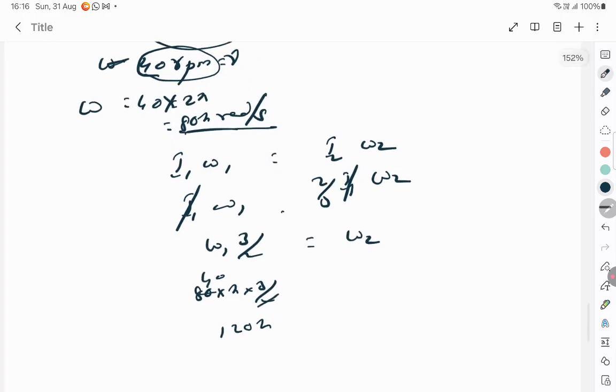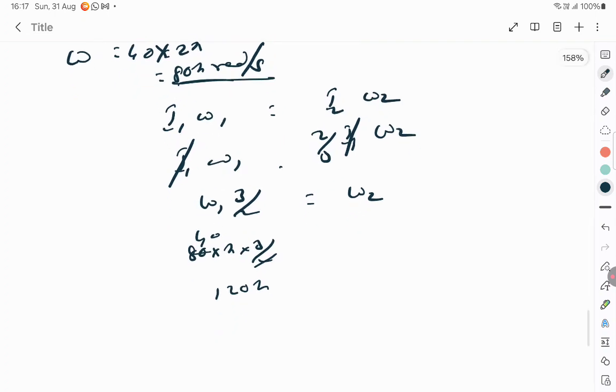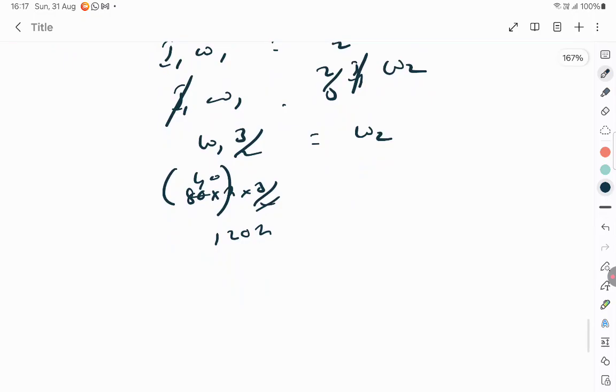Am I making any mistake? Let's see. They've given that it's 2/3 times the initial value, which reduces its moment of inertia. The resultant moment of inertia when it folds its hands, 2/3 of I1, I1 gets cancelled. Omega 1 is 2/3 of omega 2, so omega 2 is 3/2 of omega 1. 3/2 of omega 1, which is 80 pi radians per second, gives 120 pi radians per second as omega 2.